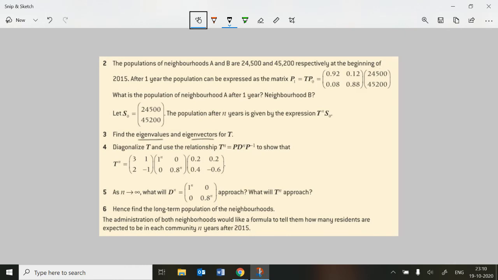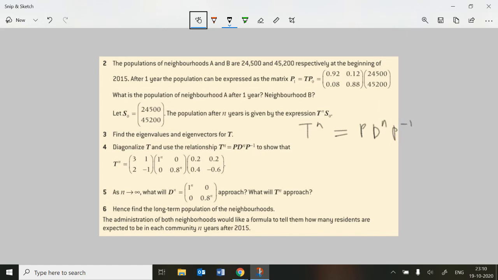And the eigenvalues and eigenvectors of T. So what they're leading us to do here now is to change T, like what we had before for A. What they want us to build up to is T to the power of n is equal to P D to the power of n P to the minus 1.